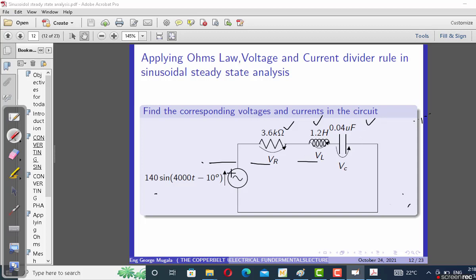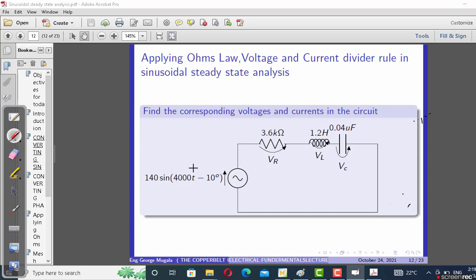Okay, now we have a supply voltage that is in this manner. How do we solve this question in a sinusoidal steady-state way? The first thing we've mentioned is that we need to convert the circuit into its polar format.